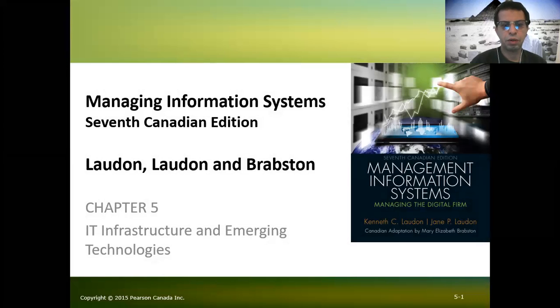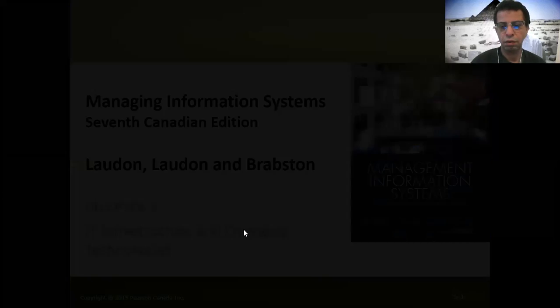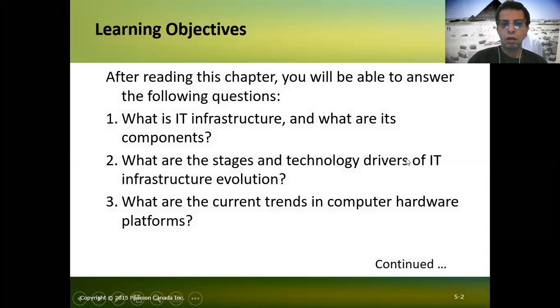Okay, in this chapter, we will be talking about the IT infrastructure and emerging technology, which is chapter 5. The learning objectives of this chapter are: what is the IT infrastructure and what are its components?